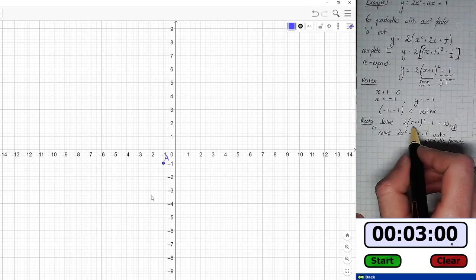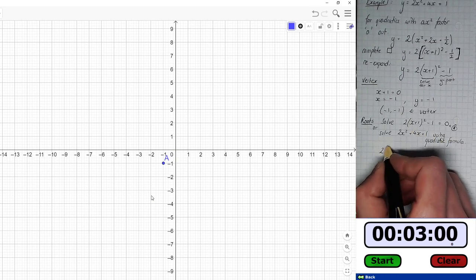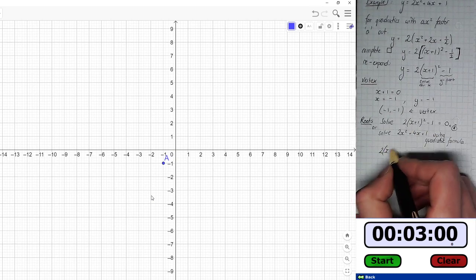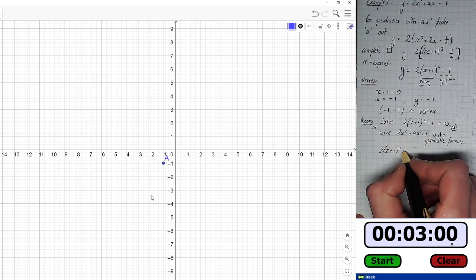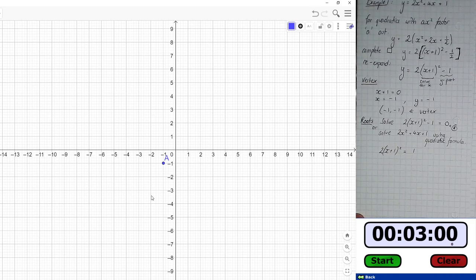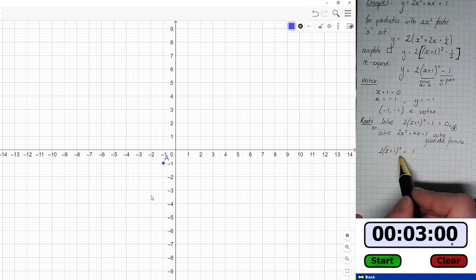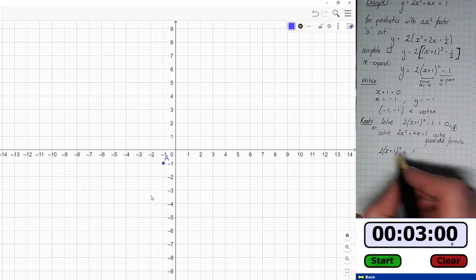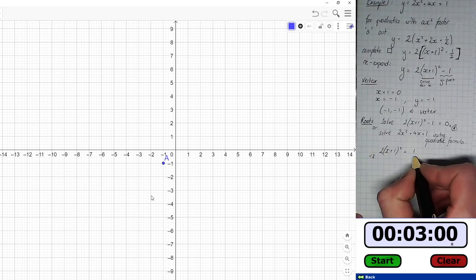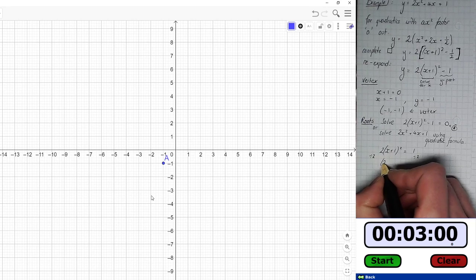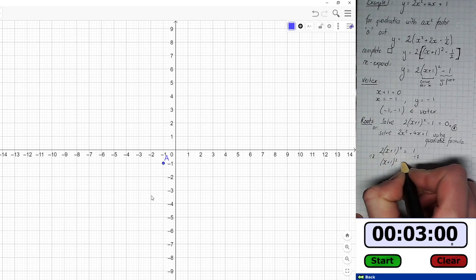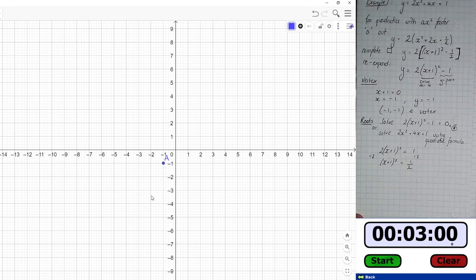So if I'm solving this, I'm trying to get x by itself. So let's start off by adding 1 to both sides. Okay. Now, I will need to divide by the 2 outside of the bracket before I can square root both sides. So I'm going to divide by 2 to get (x plus 1) squared is equal to 1/2.